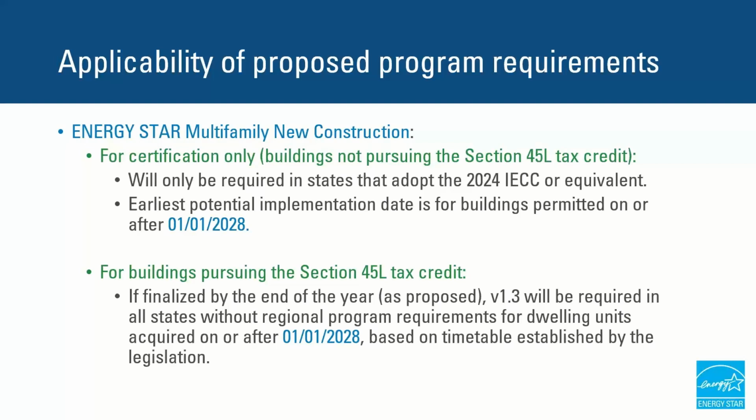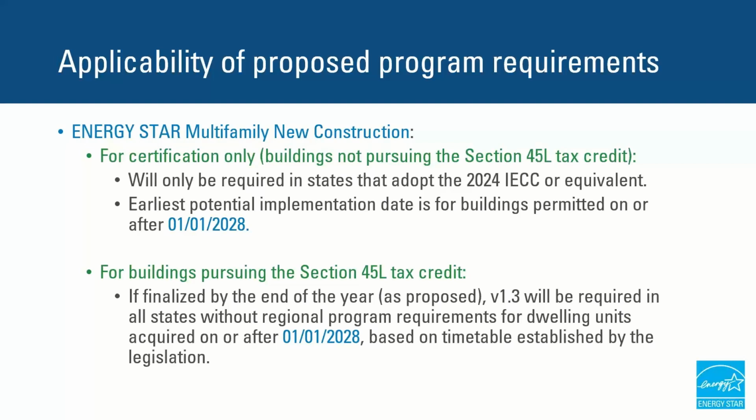What's a little bit in flux right now is that we have a separate proposal that would affect all the versions, version 3.1, version 3.2, version 3.3 if we finalize it. And that would say to sunset track B, move everyone over to track A for certification. That is a proposal we put out over the summer.